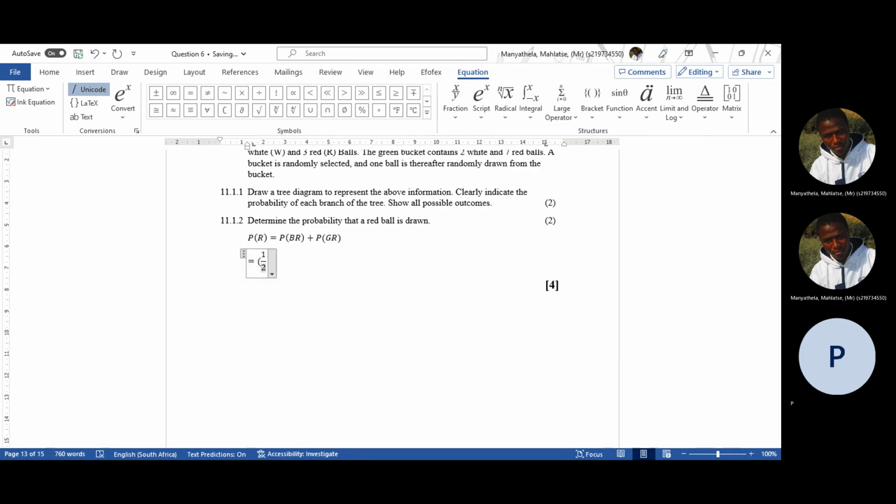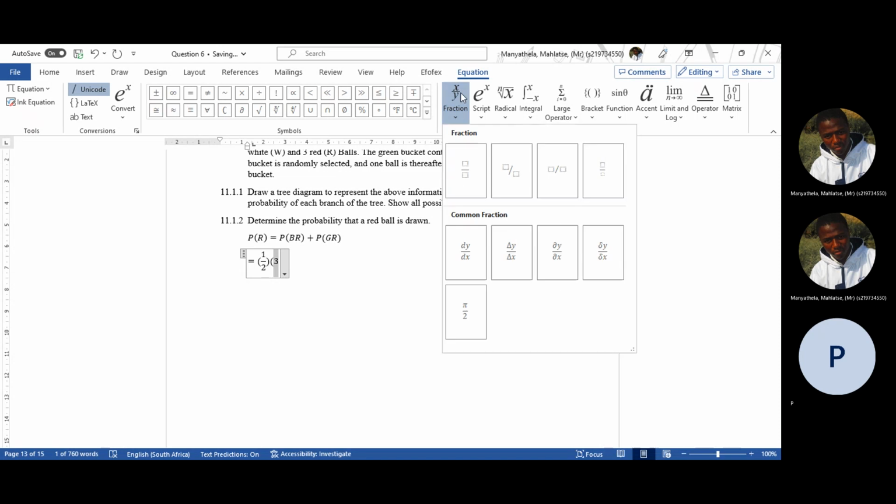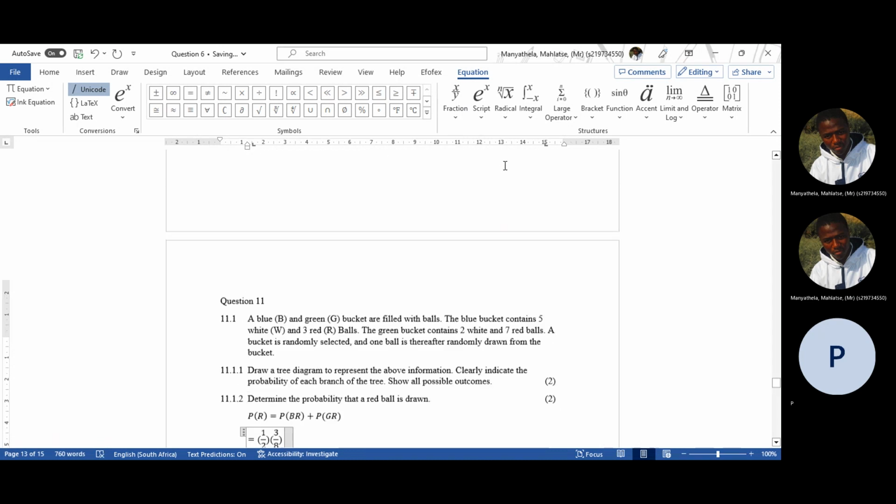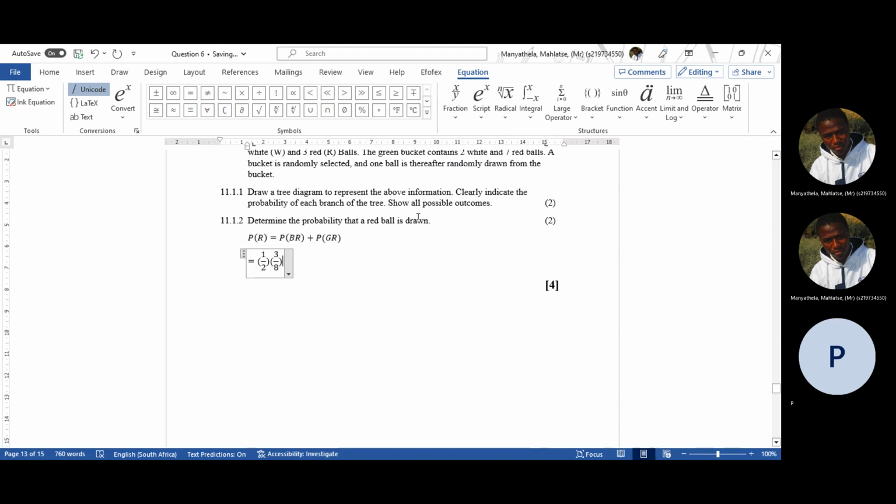These are the buckets that are containing a red ball.